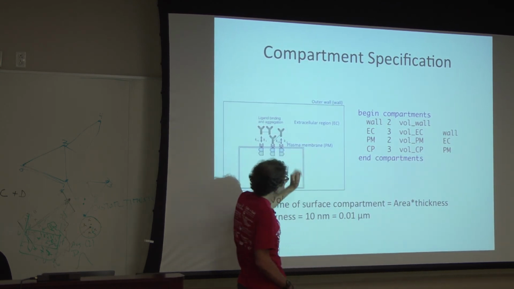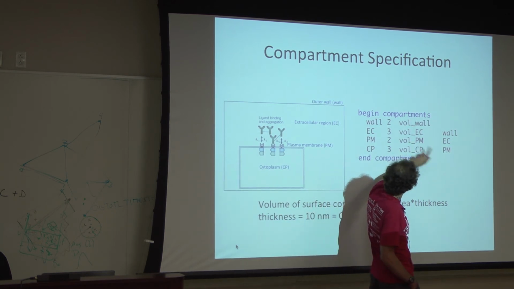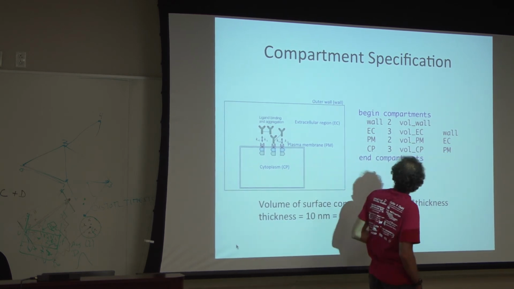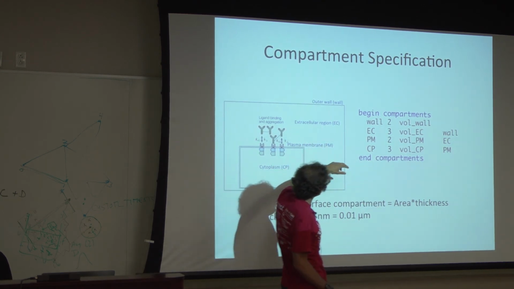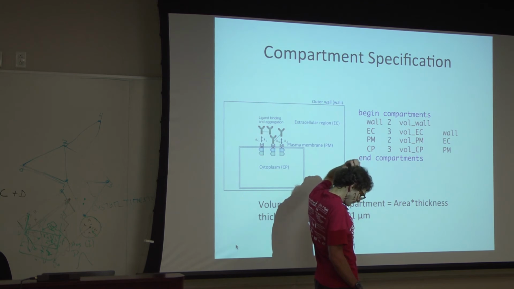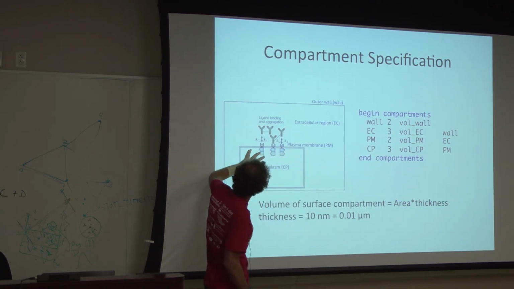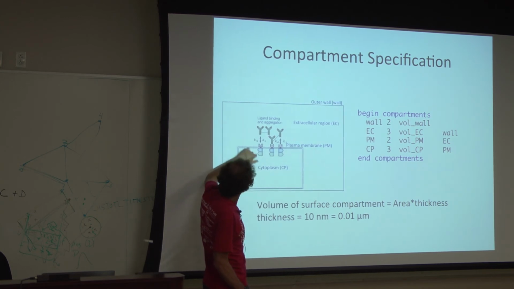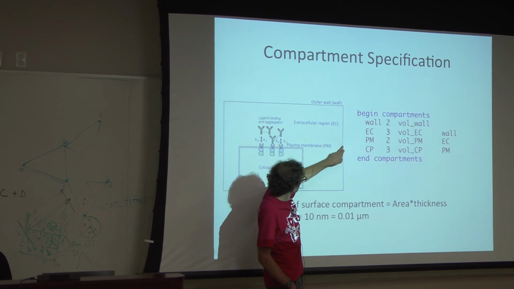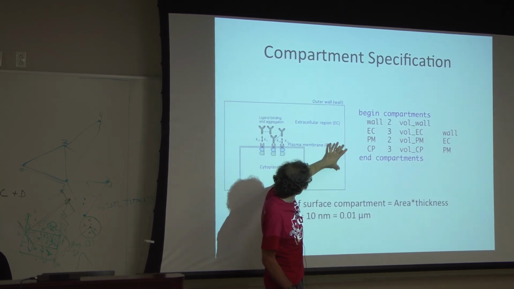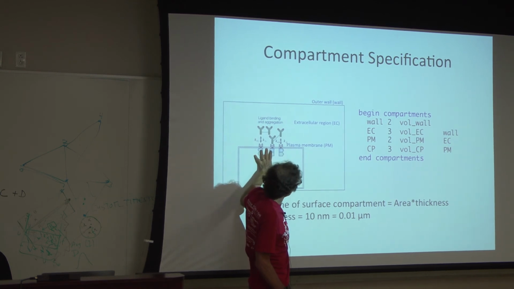It's represented here. And then we go on to the plasma membrane. That's a surface. It again has a volume that's its area times thickness, and it's contained by the extracellular region. So if we think about this, there could be multiple cells. We could have PM, a plasma membrane here, but we could also have another plasma membrane that's contained within this. It's contained by the extracellular space, but it's distinct from the plasma membrane.